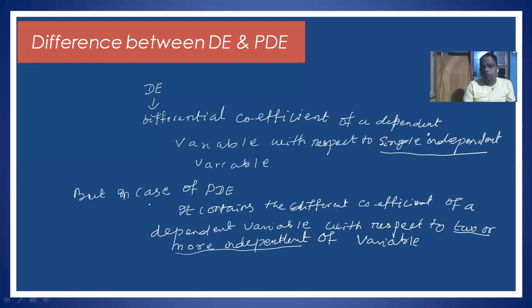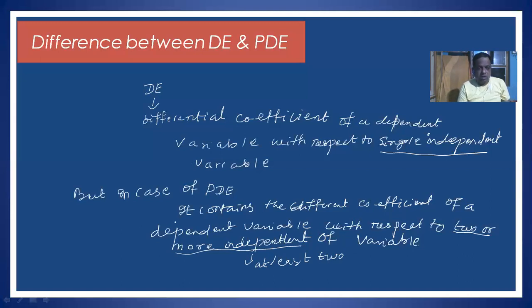So this is a very important question from your entrance point of view. A differential equation contains a minimum of a single independent variable. Here it contains two or more, in a single word, at least two independent variables.